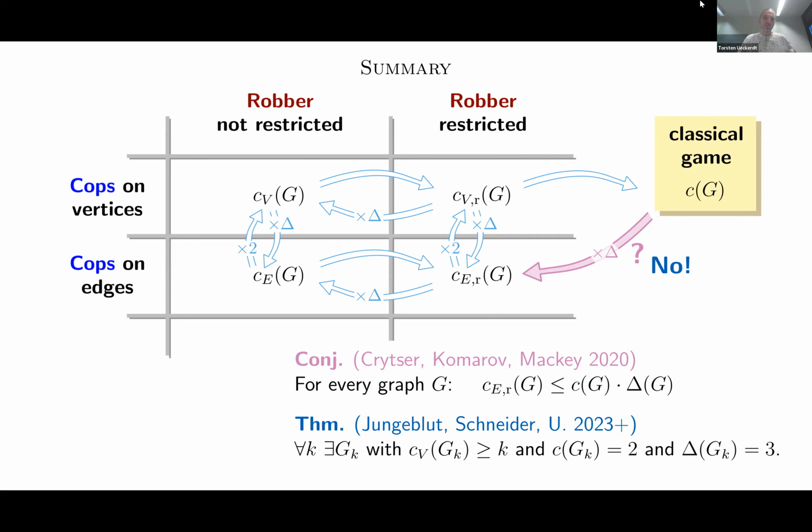But I want to show you a variant that really uses planarity in a different way, which is the surrounding face variant, because why not? Right? So if we have cops on vertices and we have cops on edges, why not have cops on faces?